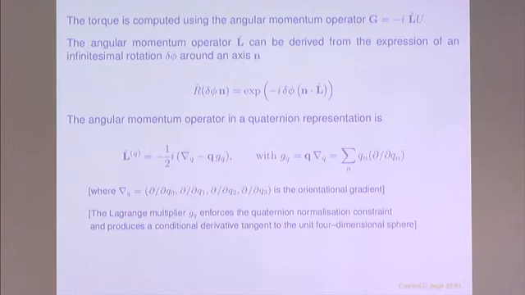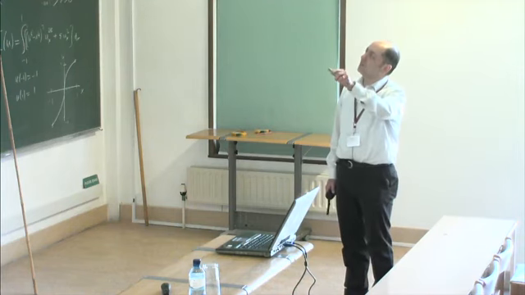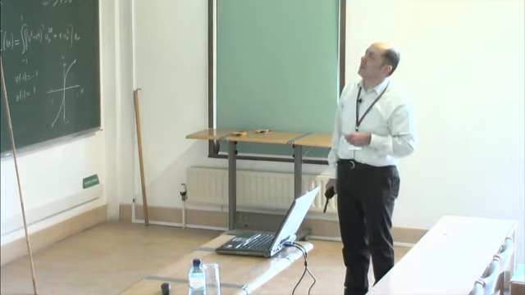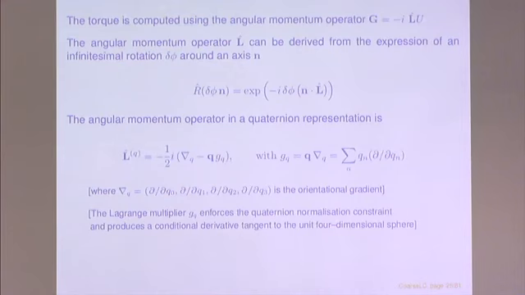the orientation of the molecules is the torque, and the torque formally can be computed from the energy of the particle, applying on it the angular momentum operator. This operator can be written in many representations, and since we are using quaternions, we can also derive a quaternionic representation for this angular momentum operator.